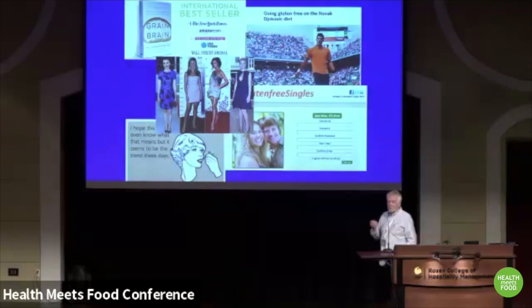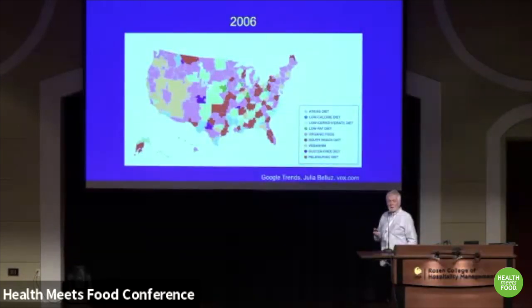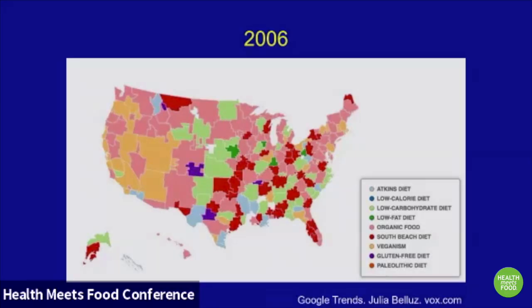So we were very interested in this, and we started working with Julia Belluz at Vox.com. She looked at the most Googled diets in the major cities around the country.